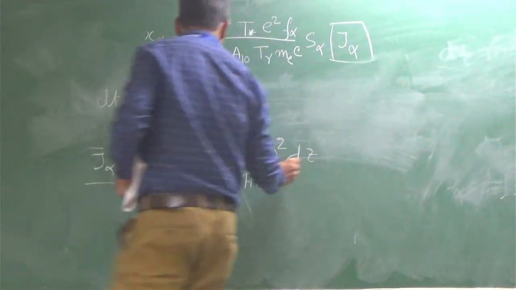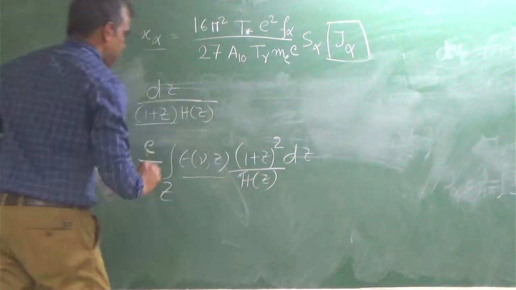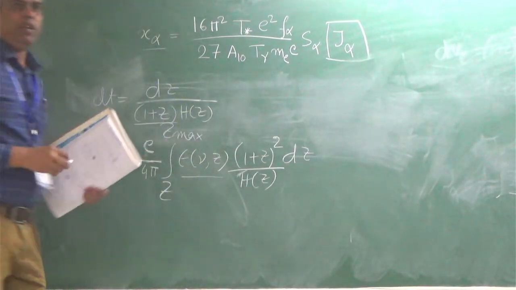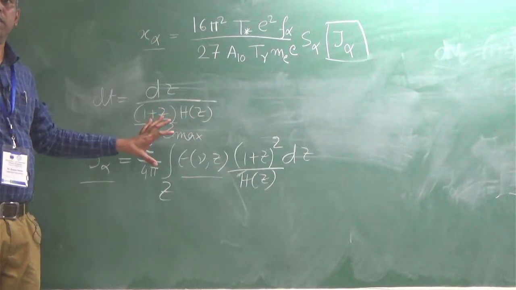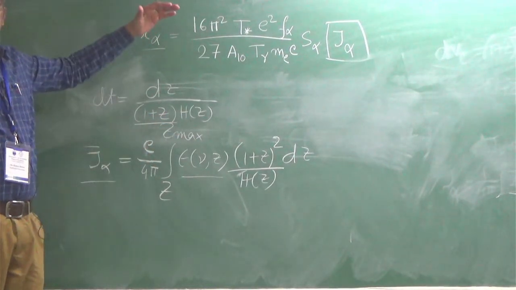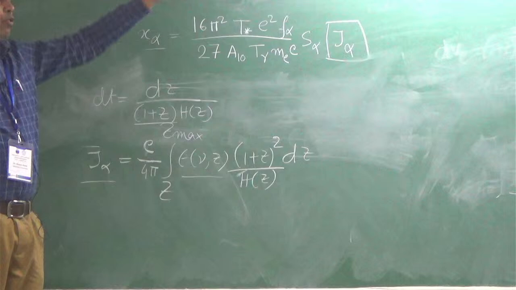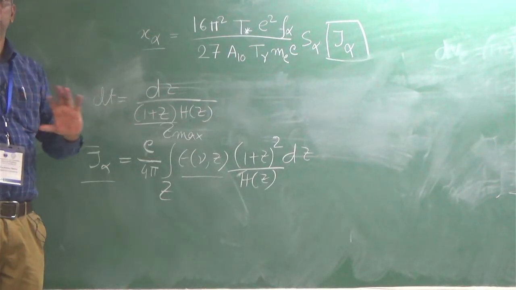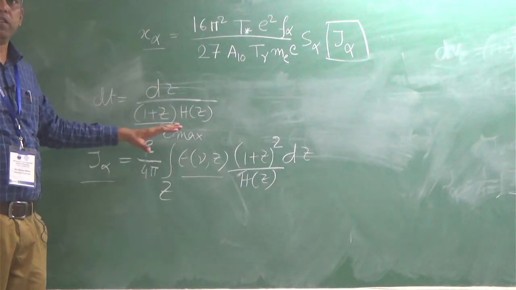So the lower limit of this integration is z, but we have to integrate up to some maximum z. If we go beyond z max, the photons will be redshifted to below Lyman alpha, and those are not useful. So we can go up to z max.